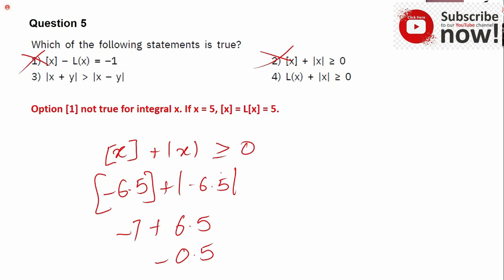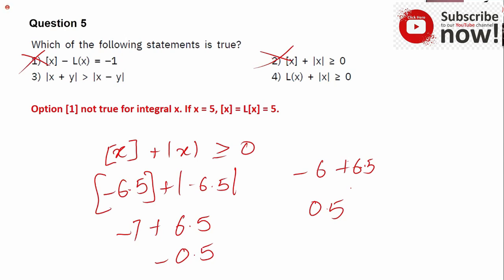What will be the least integer of minus 6.5? Minus 6. Then after minus 6, here I can have mod of minus 6.5, that is plus 6.5, that is 0.5, which is greater than 0, right?